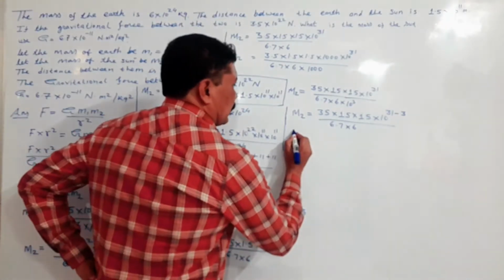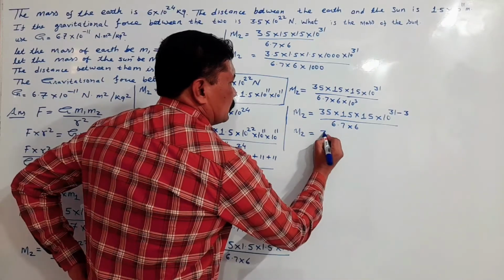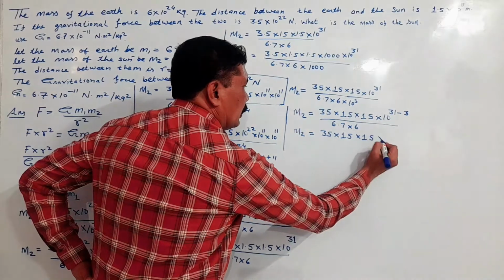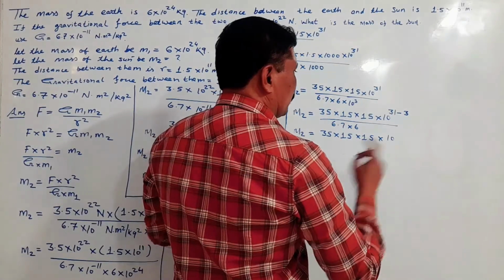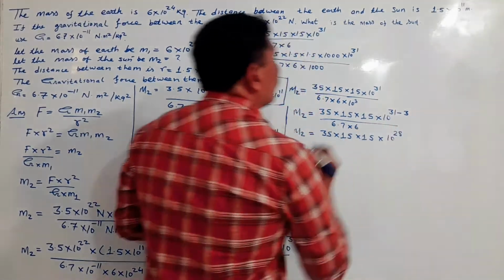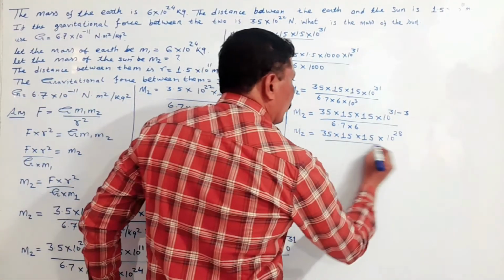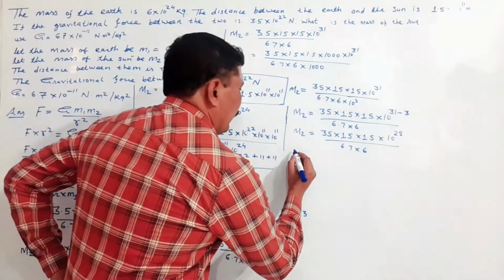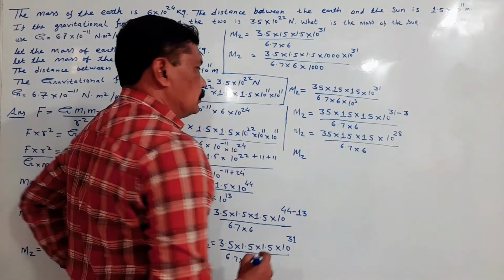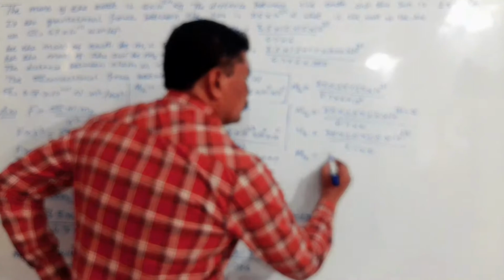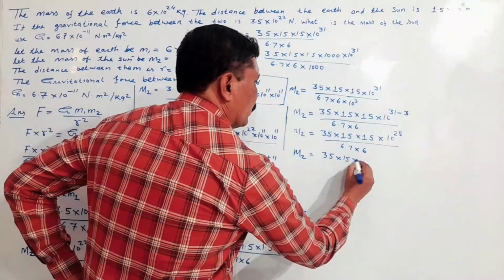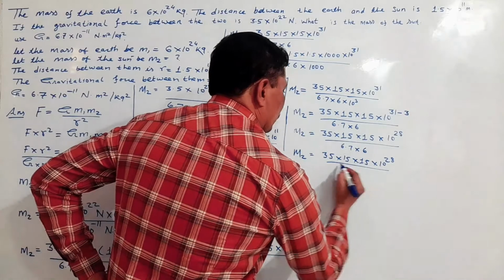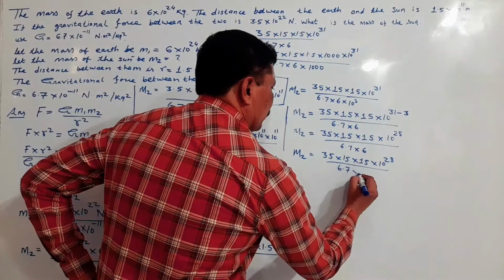Now my dear student, M2 is equal to 35 into 15 into 15 into 10 to the power 28 upon 6.7 into 6.